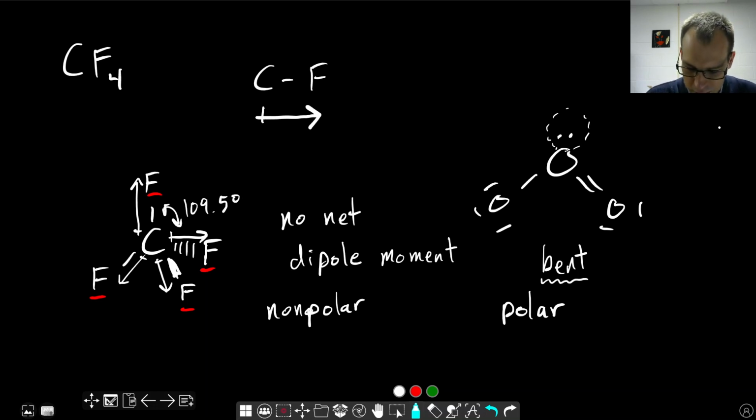Even though each of these bonds here is not polar, because the oxygen-oxygen bond has the same electronegativity on both atoms, the fact that there's this unbalanced lone pair on this side means that the electrons are not evenly spread out. And so there is a slight dipole moment here.